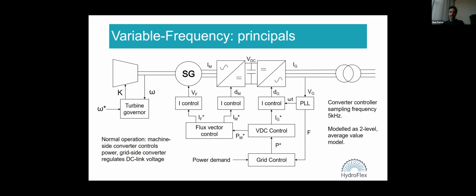A modular multi-level converter will typically have a relatively high sampling frequency, but I've not considered an actual modular multi-level converter to avoid having to mess around with the internal control of such a device.